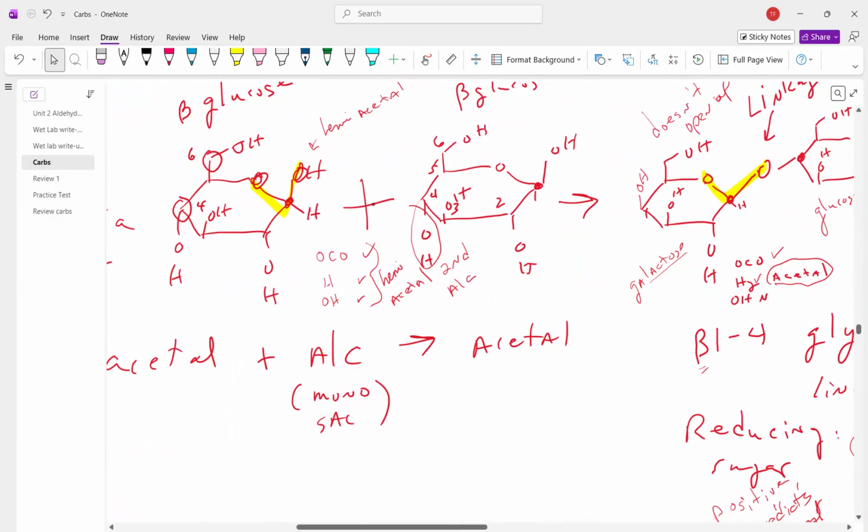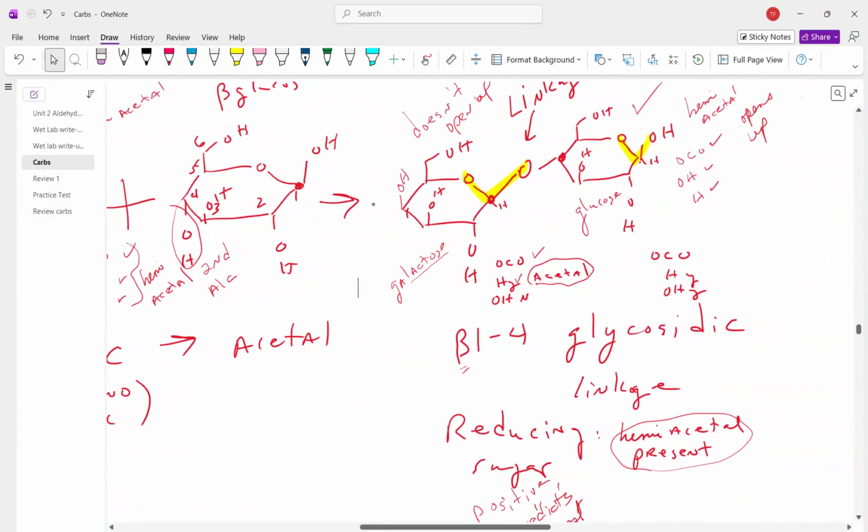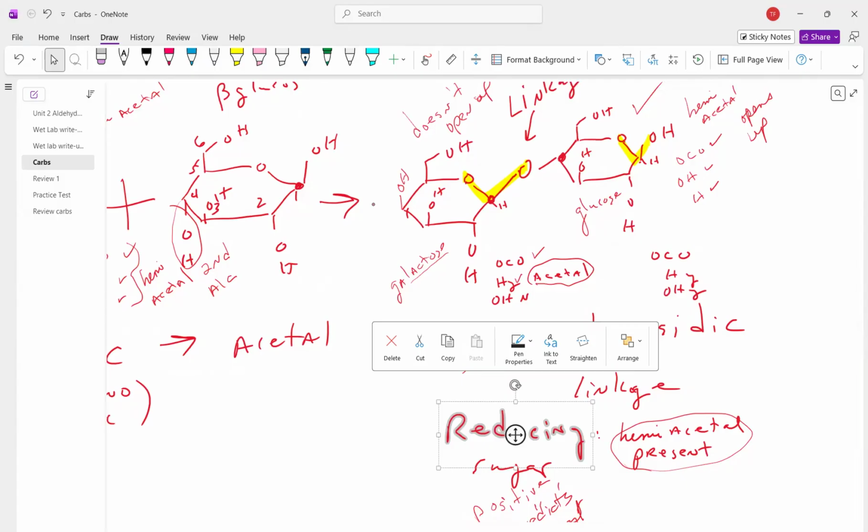We're going to use carbon number 4's OH group as the alcohol. And now we have a full-blown acetal, OCO, yes. H present, yes. OH present, no. So the OH determines whether it's hemi or not.